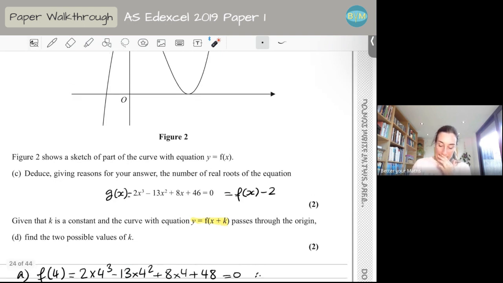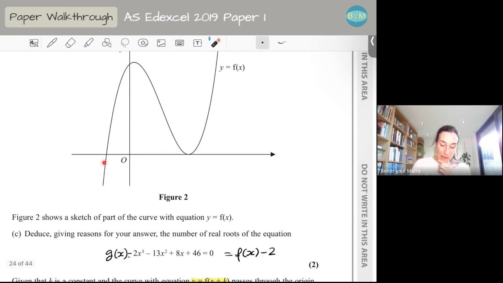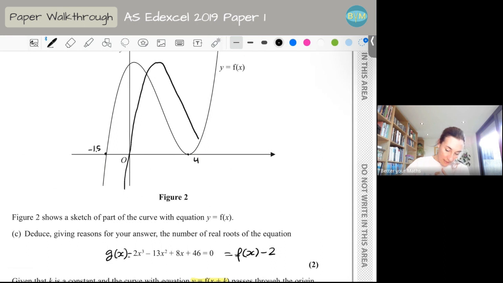But if I'm moving my graph and it now passes the origin, it is because this point, remember, was minus 1.5, no? And this point was 4. So I have 2 options to move my graph and pass the origin. The whole graph moves to the right. So I'm moving it right or left, right?